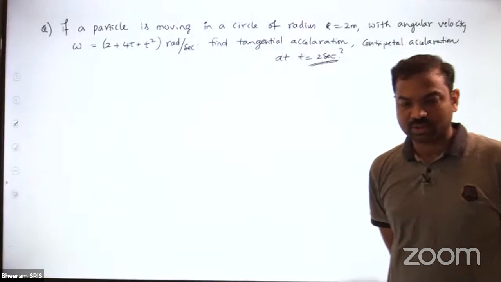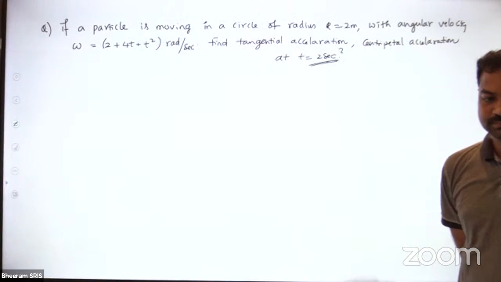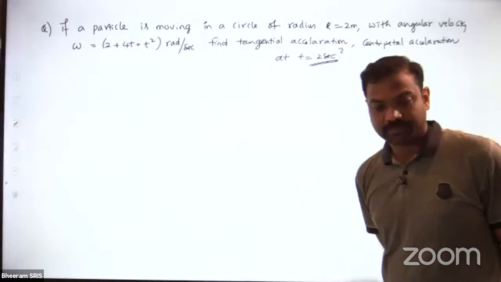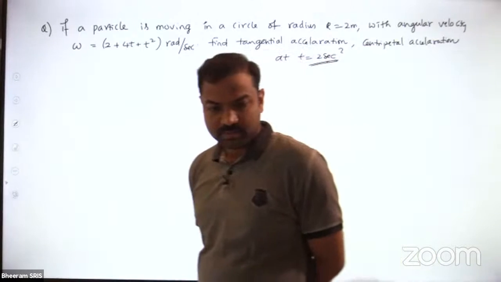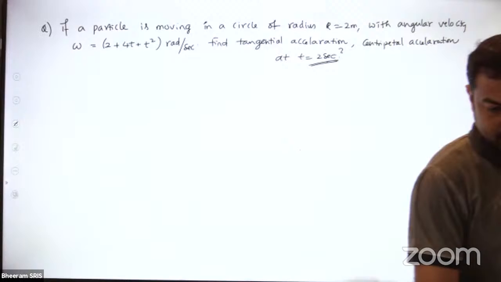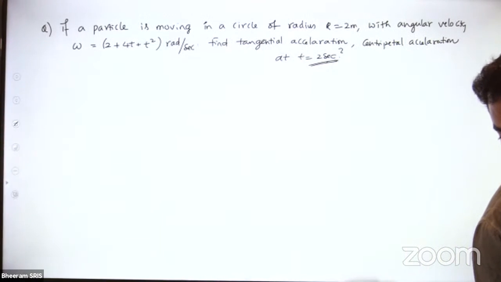Eight comma 16. Okay. What about others? Remaining people are doing or not? No answer from other people. Kavish, you got 8 and 10. Okay.